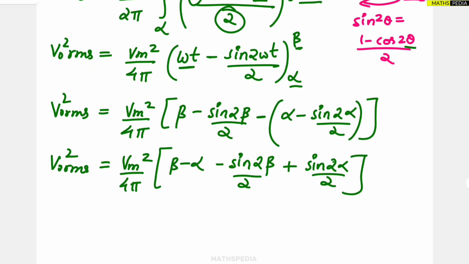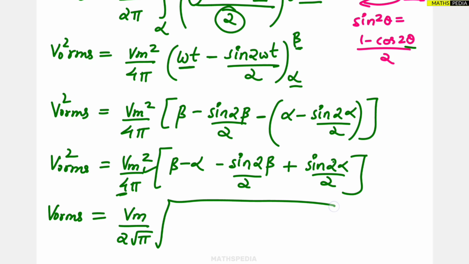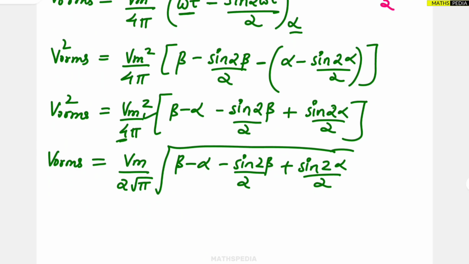Okay, now V out RMS I need. So square I can take it that side. So Vm square will become what? Vm, because I am taking the square root. 4 square root is what? 2. And pi, square root pi I'll take it inside. That is better, or otherwise if you want you can write root pi. Square root of beta minus alpha minus sine 2 beta by 2 plus sine 2 alpha by 2. So this will be the final thing.